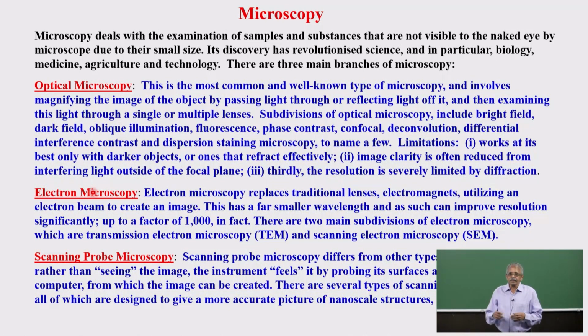Another thing is that they are nanometric in size, whereas the wavelength of visible light is much greater, 500, 600 nanometers, while these are a few angstroms to a few nanometers. Therefore, even light radiation does not make sense for imaging nanometric systems like molecules, cells, and organelles.